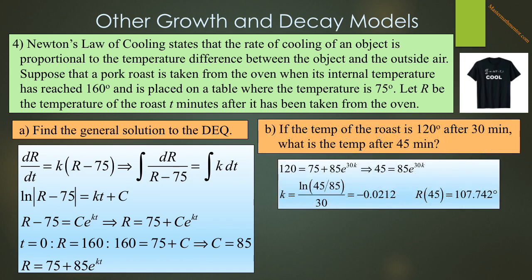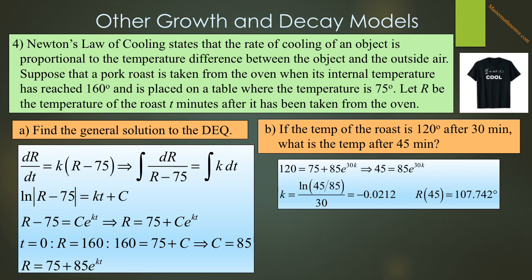To actually find a particular solution, we need to find k, and we need one extra piece of information. Question B gives it. If the temperature of the roast is 120 degrees after 30 minutes, what is the temperature after 45 minutes? So we use the fact that when t equals 30, R is equal to 120.